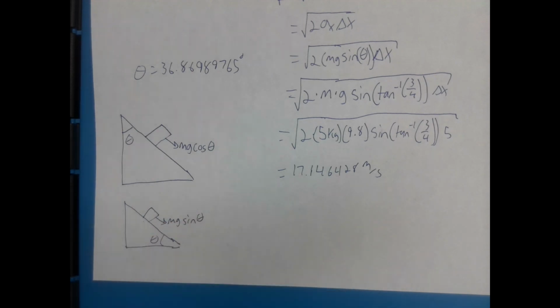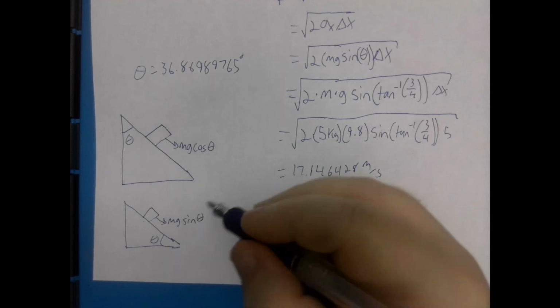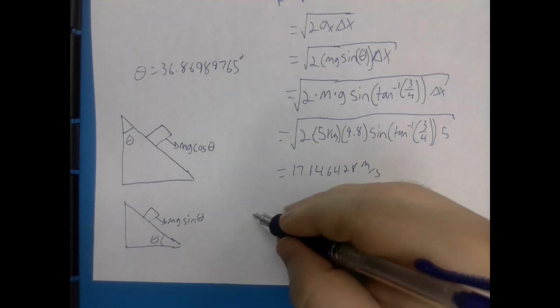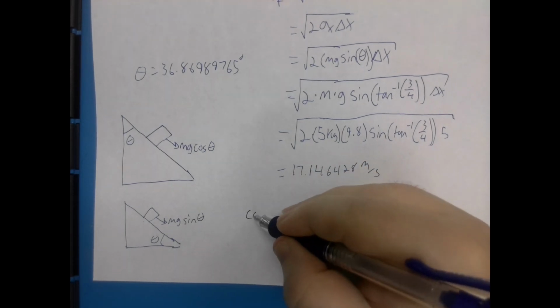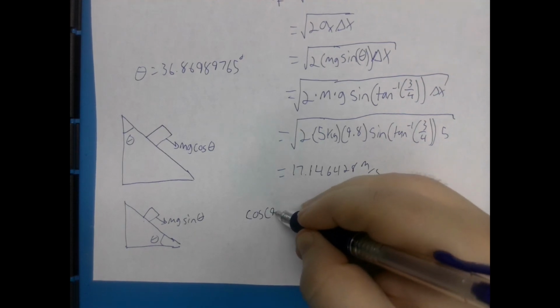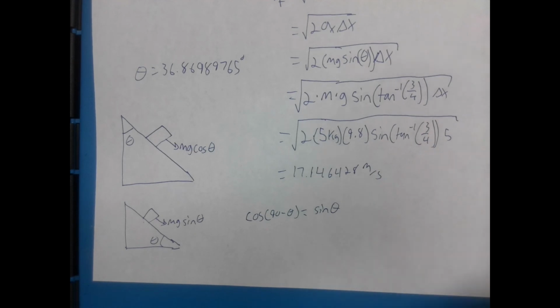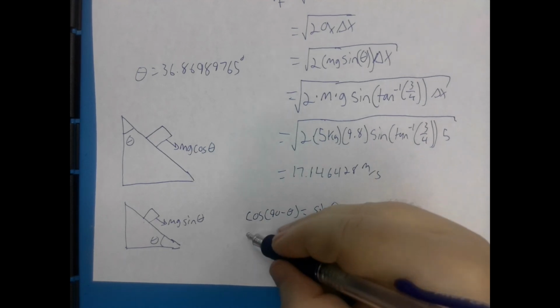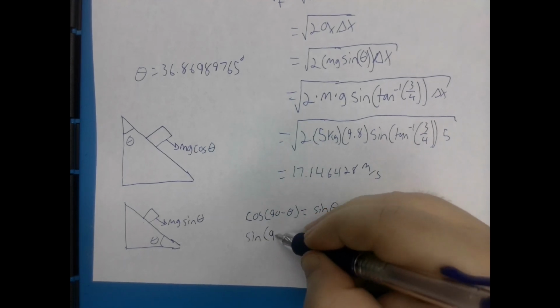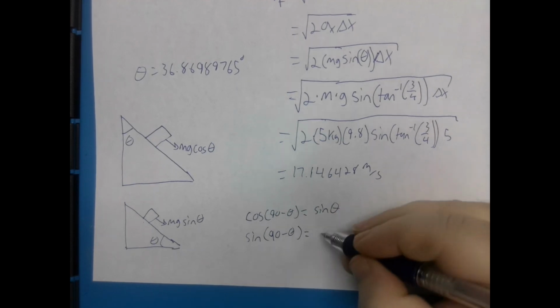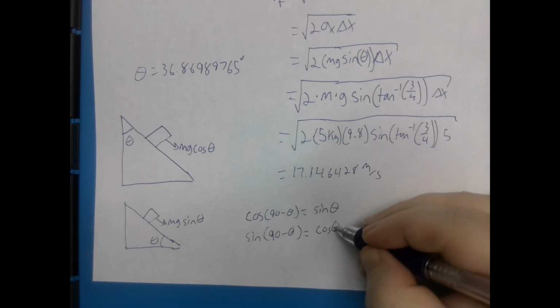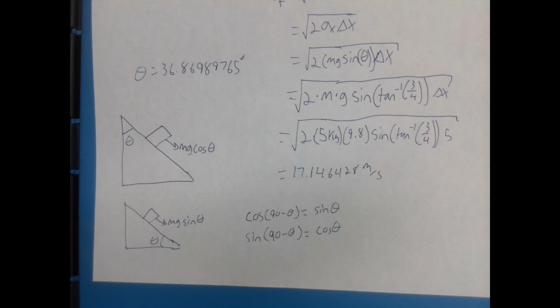You could have also, by the way, in case you didn't know this, cosine of 90 minus theta is sine of theta. And sine of 90 minus theta is cosine of theta. I think there could be a negative in there somewhere.